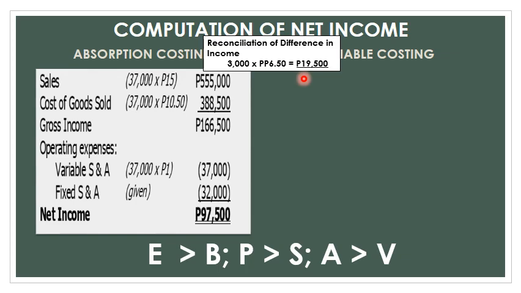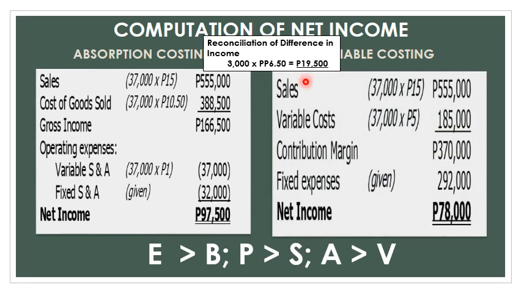Tignan nga natin sa computation ni variable costing kung tama yung analysis natin. Okay, so tama po yung analysis natin na ang difference in income nila 19,500. So, mas mataas itong absorption costing. So, bawasan na natin ng 19,500. Ang net income ay 78,000 pesos. Ito yung computation natin. So, contribution margin 370,000 less the total fixed expenses na meron si company.